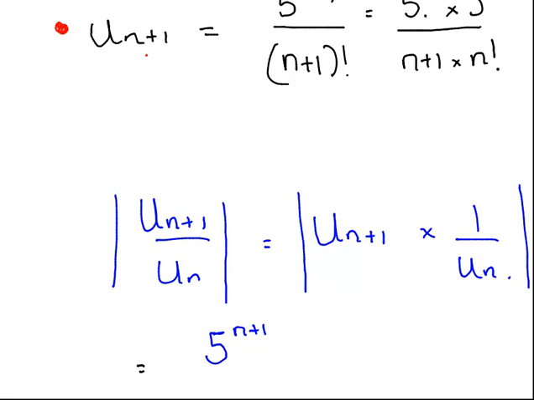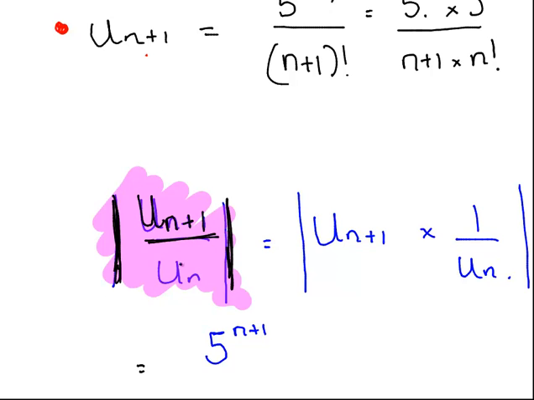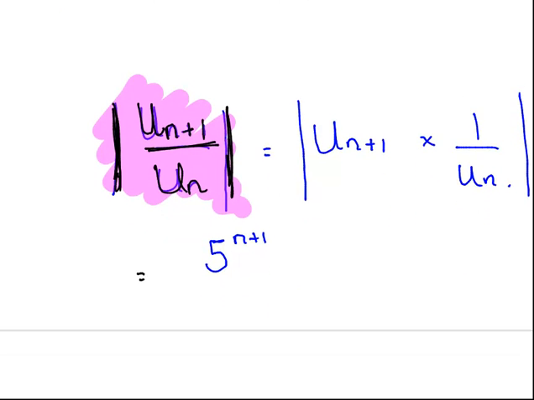This is the key part of the ratio test, calculating this expression. Let's say it's the absolute value of u of n plus 1 divided by u of n, or in other words, we can multiply by 1 over u of n. It's simpler this way because the terms are clearer and more spread out.